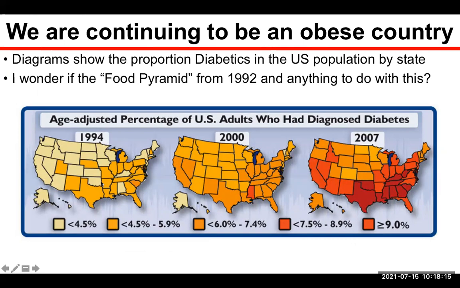Here I have a diagram of people that have been diagnosed as diabetic with respect to their different states. And so we can see that in 1994, there were some rates of diabetes that were occurring, but as you increase with respect to time, we're seeing that it's getting a whole lot worse.